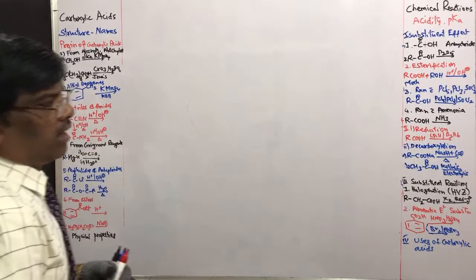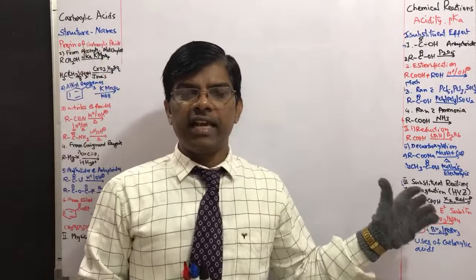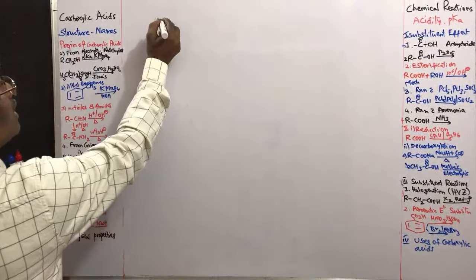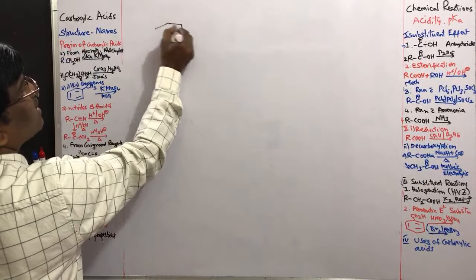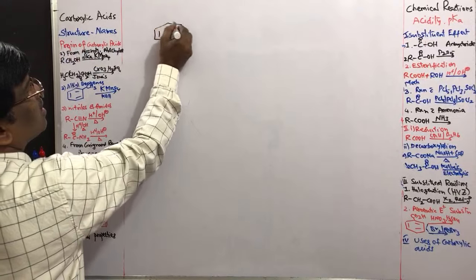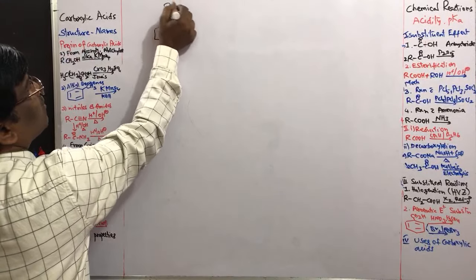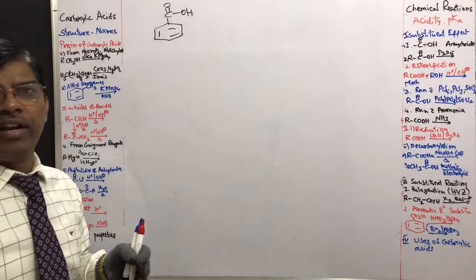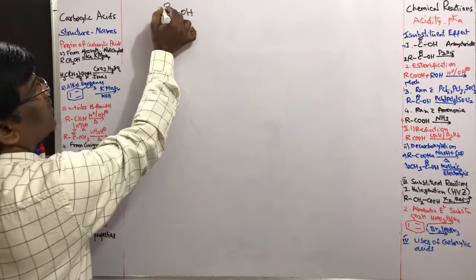Next students, if the carboxylic acid is an aromatic compound, then what is the fate? Let us take benzoic acid. What is the nature of this group? Is it electron withdrawing or donating? It is an electron withdrawing group.